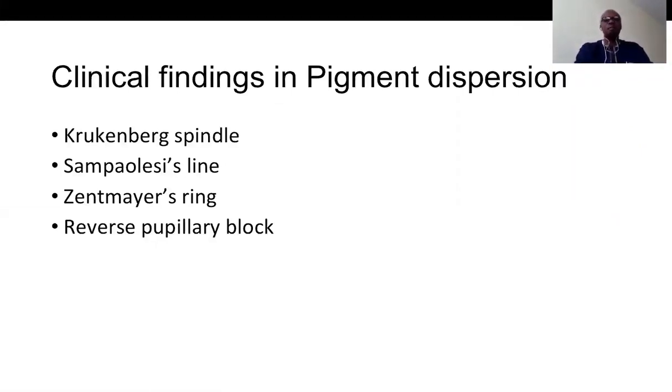And then the reverse pupillary block is what we may observe. It's like an accentuation of the concavity of the peripheral iris. This is thought to occur by the flow of aqueous into the anterior segment from the posterior segment, leading to exaggeration of that concavity and more pupillary block.